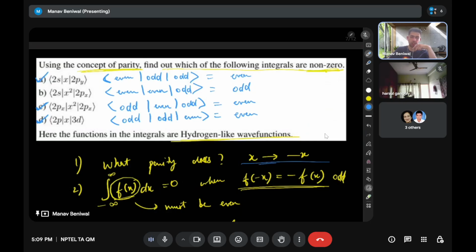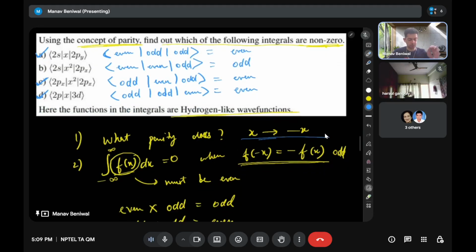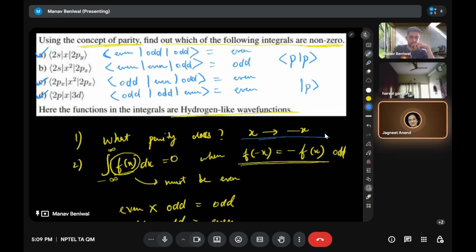For probability, what we generally plot is the dumbbell shape and all these shapes. For example, for the p orbital, we plot this where we take the mod p square. Here it is only the p wave function, and if you look at it, half of the wave is negative and half is positive.